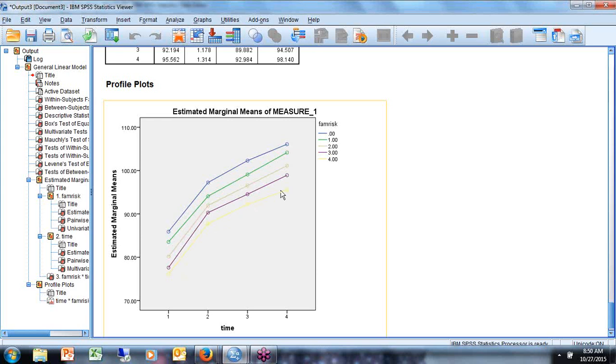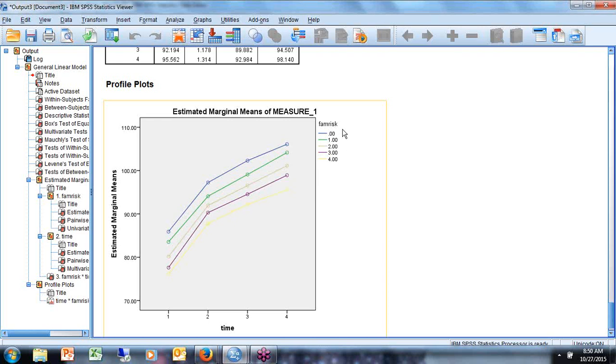And this is as clean an indication of parallelism as you will typically see in repeated measures ANOVA. So this confirms, this validates, and it displays that lack of interaction or the evidence of parallelism.